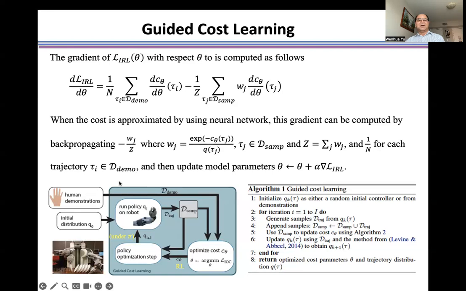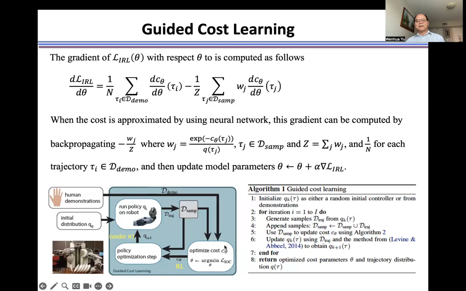Here is the idea. For example, here is the human, or we the expert, run the real robot system to generate this distribution, and from the initial distribution, on this robot we generate this distribution, and then we use these two distributions.